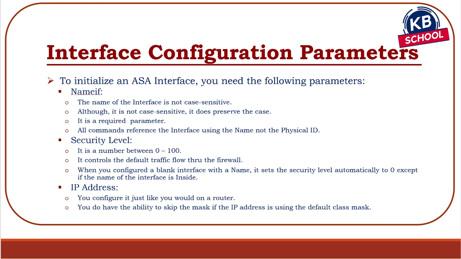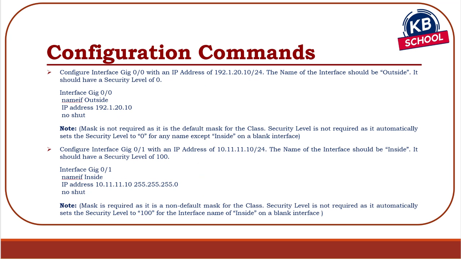Configuration commands, an example of that is over here. In this particular example, I'm assigning an IP address of 192.1.20.0/24 to the gig0/0 interface. The name of the interface is outside. Notice I put a capital O. It should have a security level of 0. Essentially, what I could have done is said interface 0/0, nameif outside.